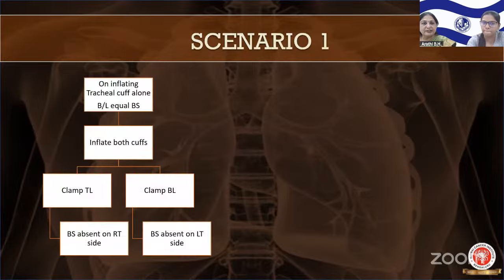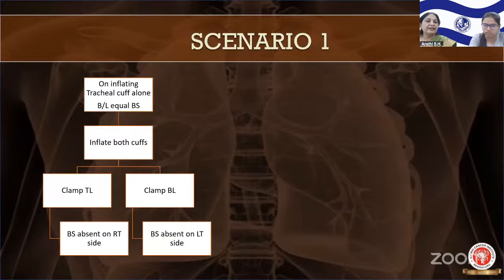Coming to scenario number 1, in all the scenarios I have used a left-sided double lumen tube. I put in a left-sided double lumen tube, and kindly make an image of the DLT going into the lungs. On inflating the tracheal cuff, I auscultate bilaterally equal breath sounds. That is how it should be.